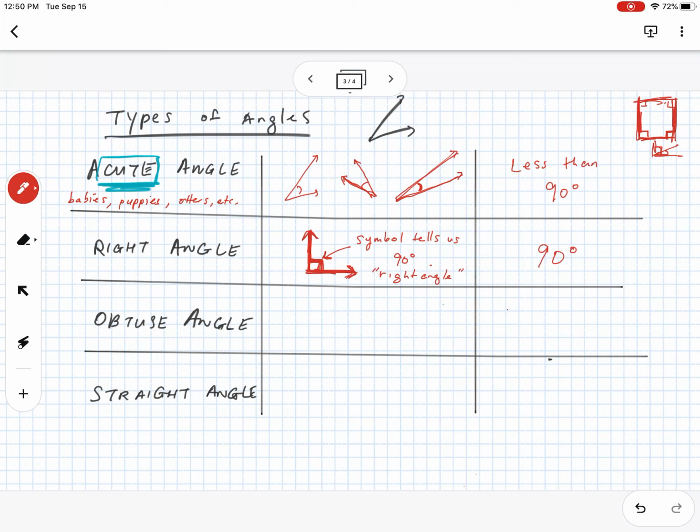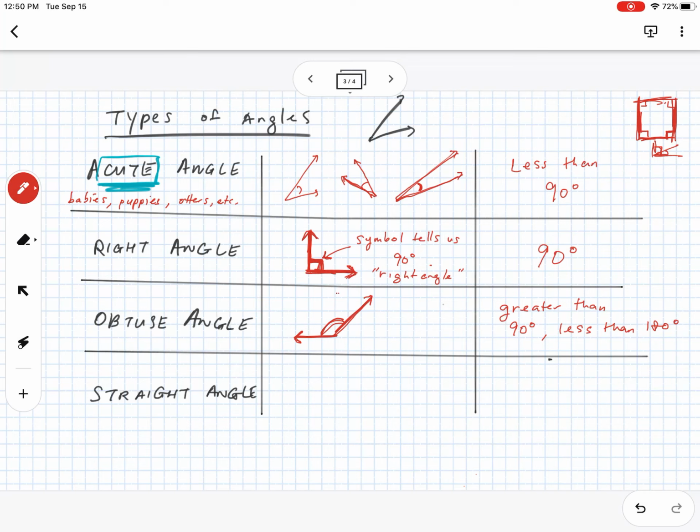And then anytime it goes over 90 degrees, and it also has to be less than 180, anytime it goes over 90 degrees but is less than 180, this would be called an obtuse angle. So, for example, if we have this, notice the angle here is bigger than a right angle, because if it was a right angle, it would have just gone straight up.